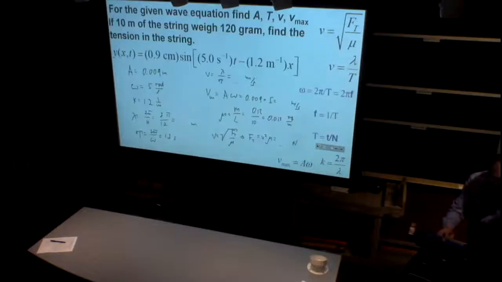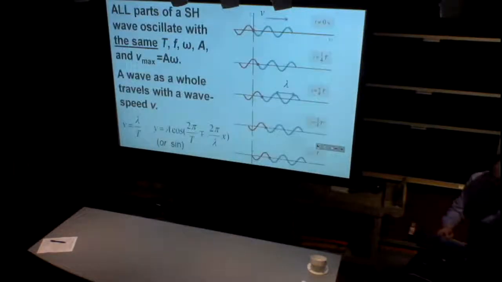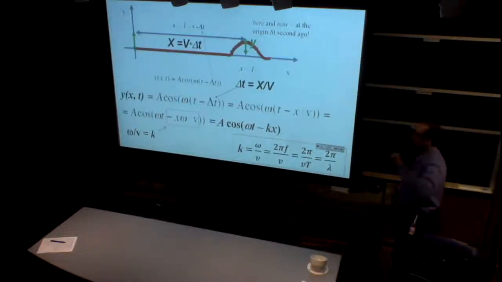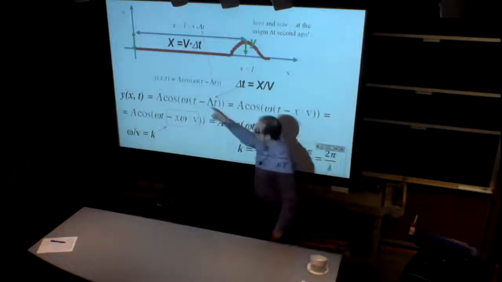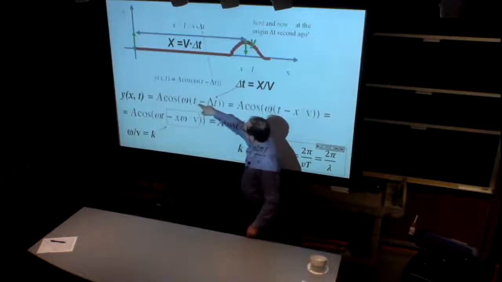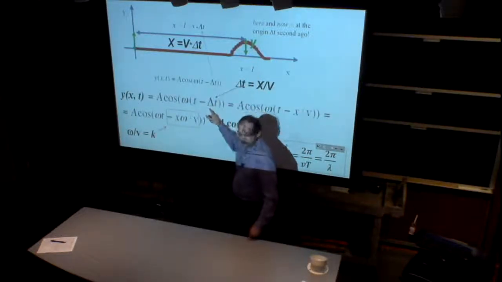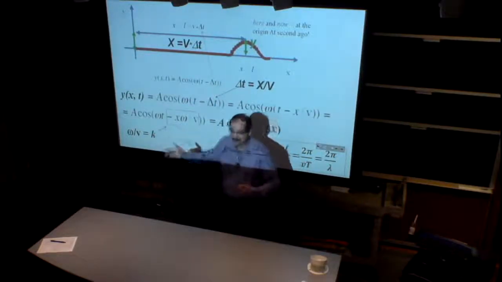This is based on our original reasoning for this pulse. The pulse travels to the right. And here we use the fact that here, at this instant, the displacement is the same as it was before. How do we calculate before? We have to subtract the amount of time it's been traveling.